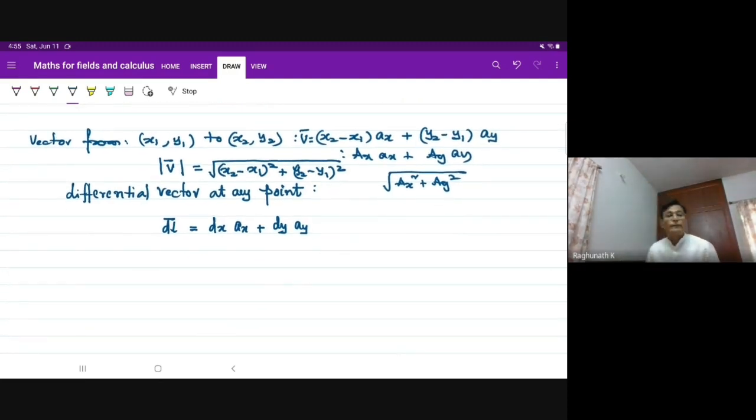Let us continue this. Mod dl bar is the root of dx squared plus dy squared.